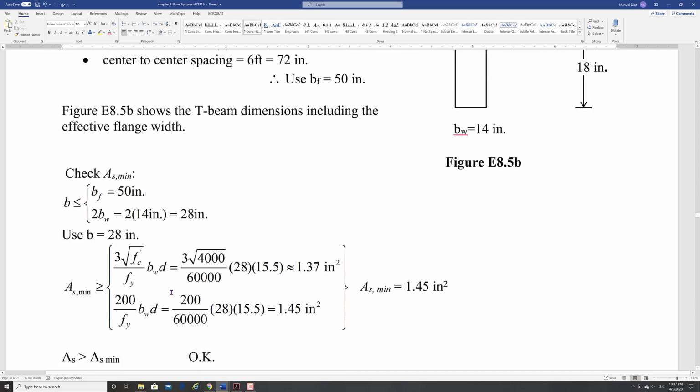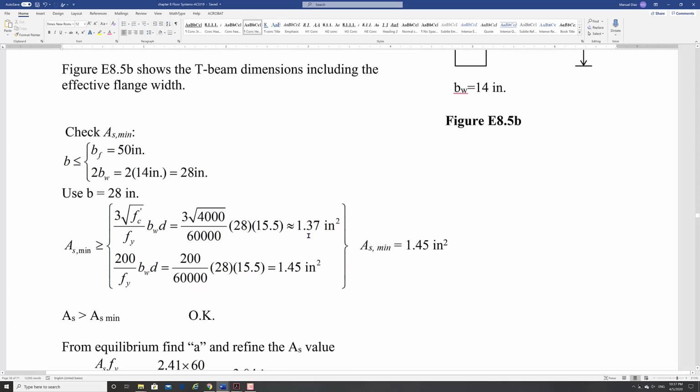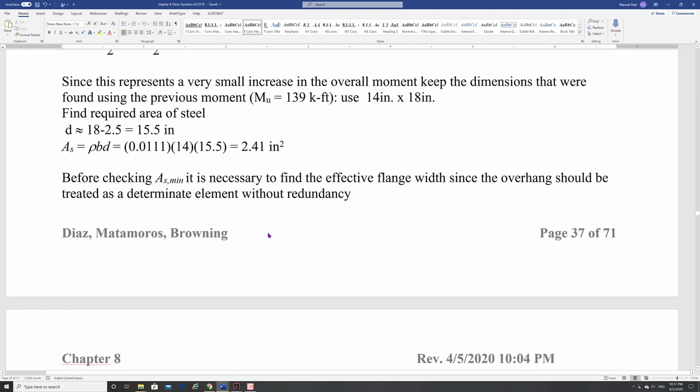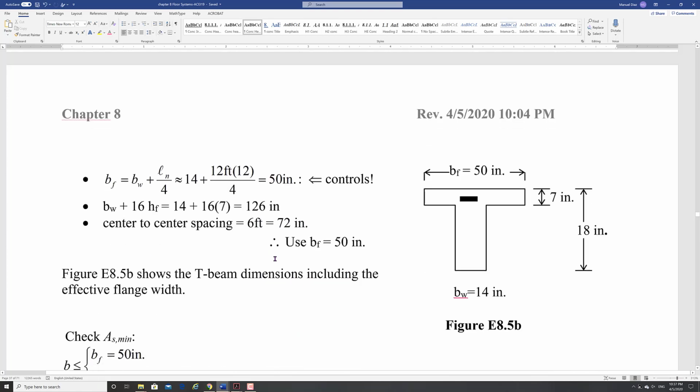So with 28, these are my minimums, so it's 1.45, and so my value compares well to that one. We have 2.41 versus 1.45.